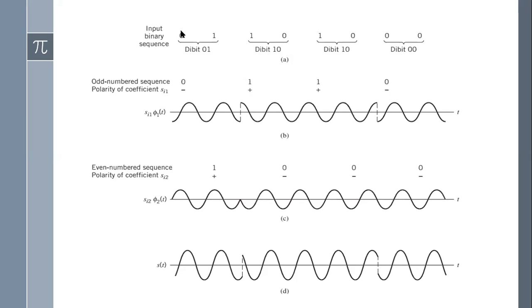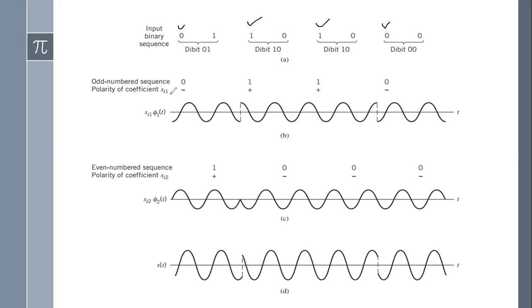I will divide this sequence into two parts, the odd sequence and the even sequence. If I consider the odd sequence, this becomes position 1, number 3, number 5, and number 7. So these are the odd number positions.